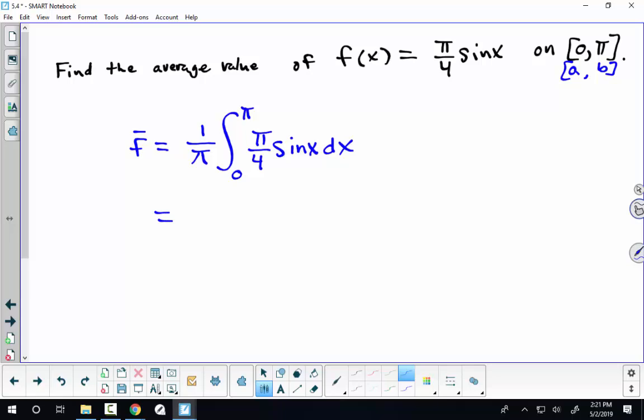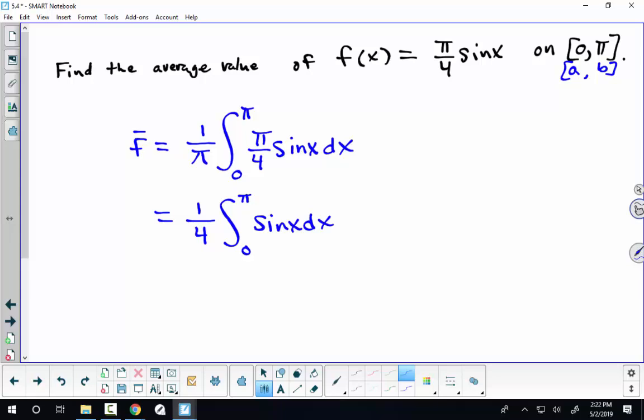And the pi's will divide out. Our constant now is 1/4 times the integral from 0 to pi on sine x dx. So that's the only difference when we're looking at average value versus net area.